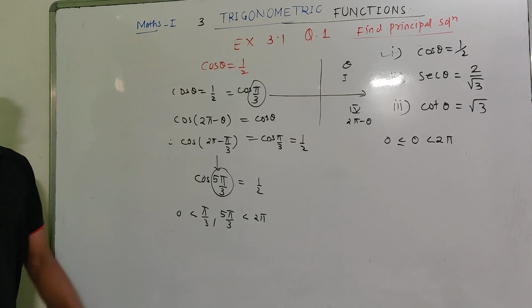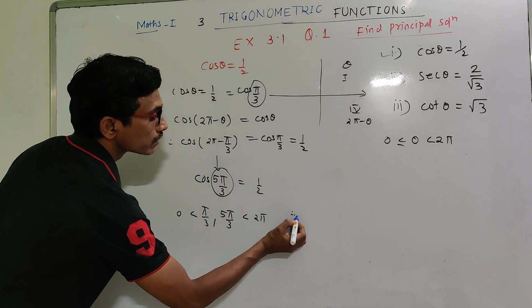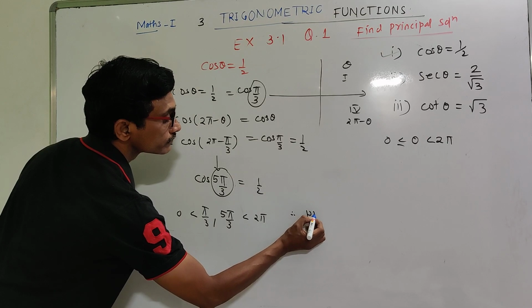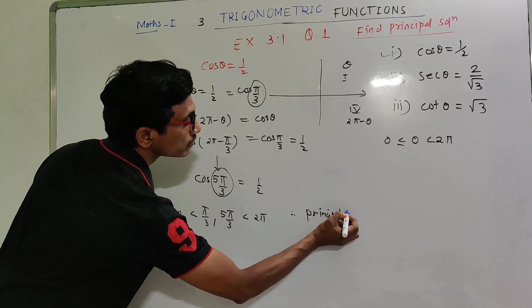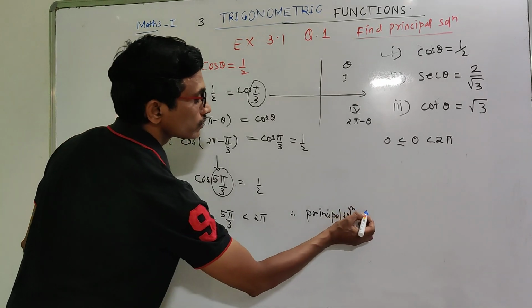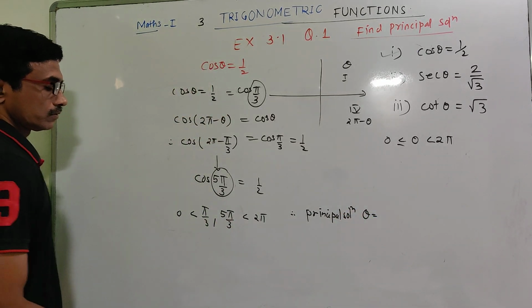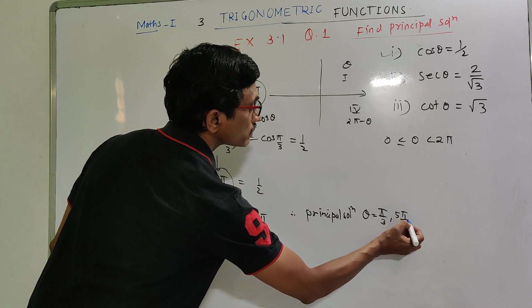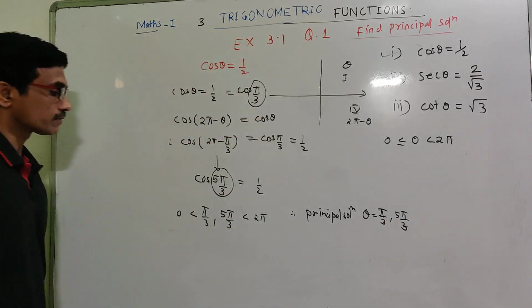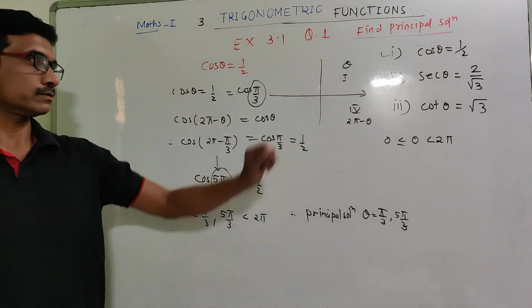So both are principal solutions. Therefore theta is equal to pi by 3 and 5 pi by 3. These are the two principal solutions of this equation.